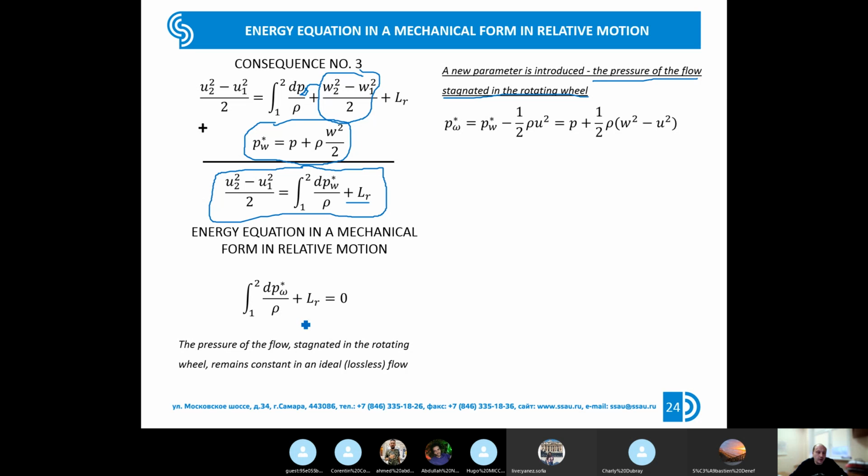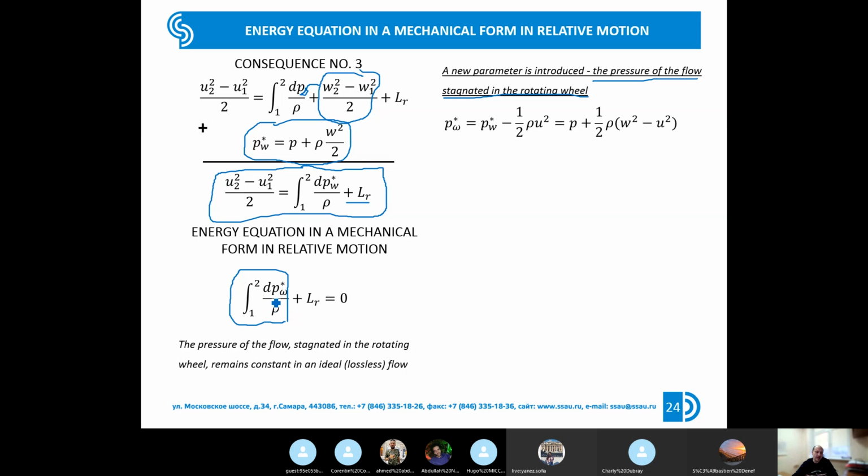And you see that if you have no losses, this parameter will be equal to zero in any case. So in any rotor wheel of the turbomachinery, in the case of ideal flow, if you have no hydraulical resistance, this element will always be equal to zero.